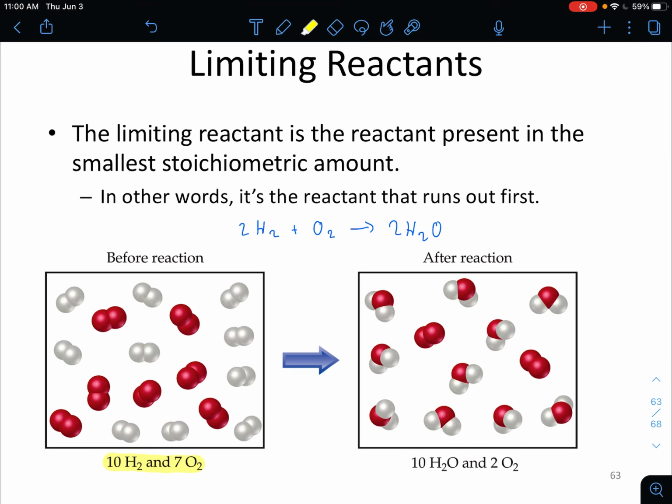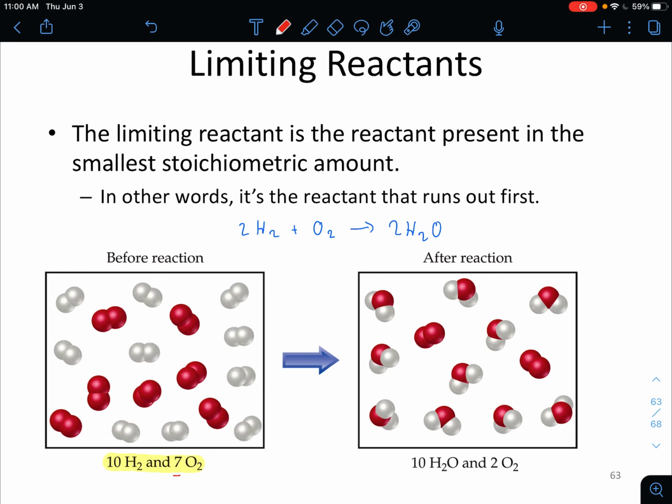Well, the reaction is a 2-to-1 reaction, right? 2 hydrogens are going to react with 1 oxygen. In this case, I have 10 hydrogens, but I've got 7 oxygens. These are in molecules, but they could just as well be in moles. So I have more oxygen than I need, which means that hydrogen is the limiting reactant.